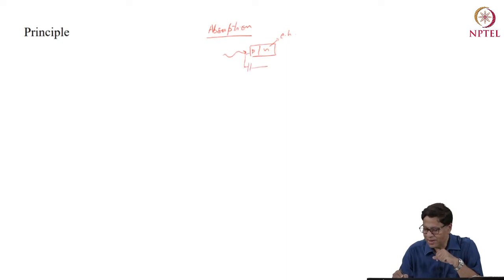It is normally reverse biased. Those electron hole pairs, under the influence of this bias, are swept away or drift, and in the process they generate current which can be collected.